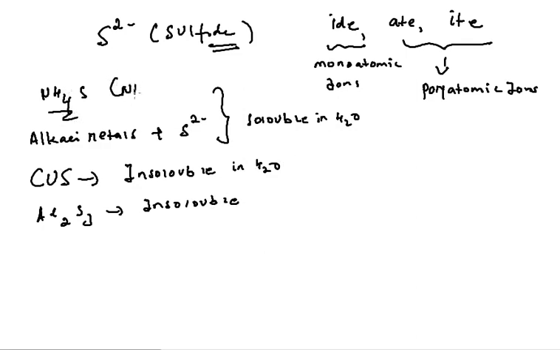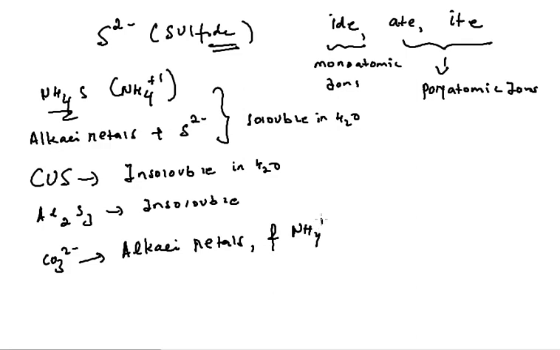And carbonate would be my last example. With carbonates, there are also some restrictions. Again, the alkali metal ions and the ammonium ion are soluble in water in carbonates.